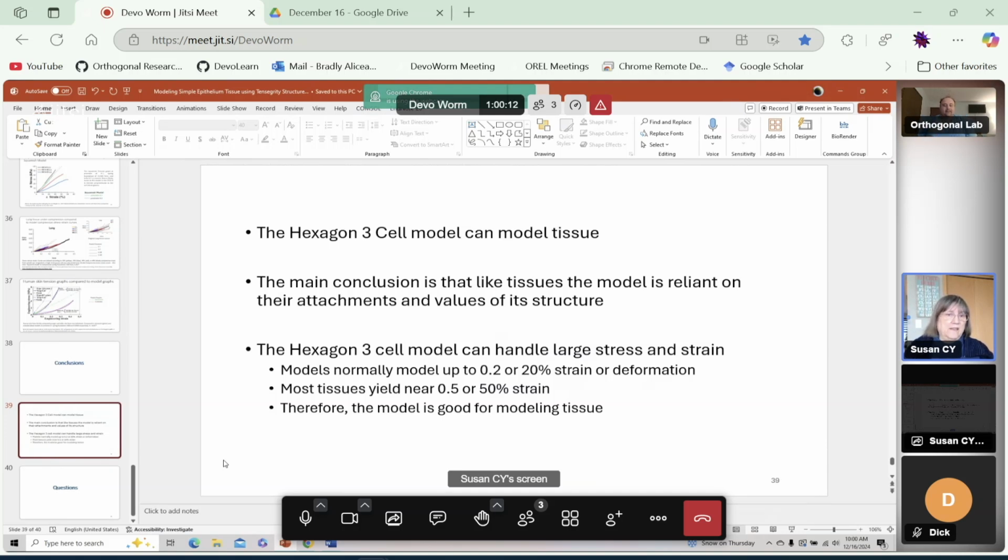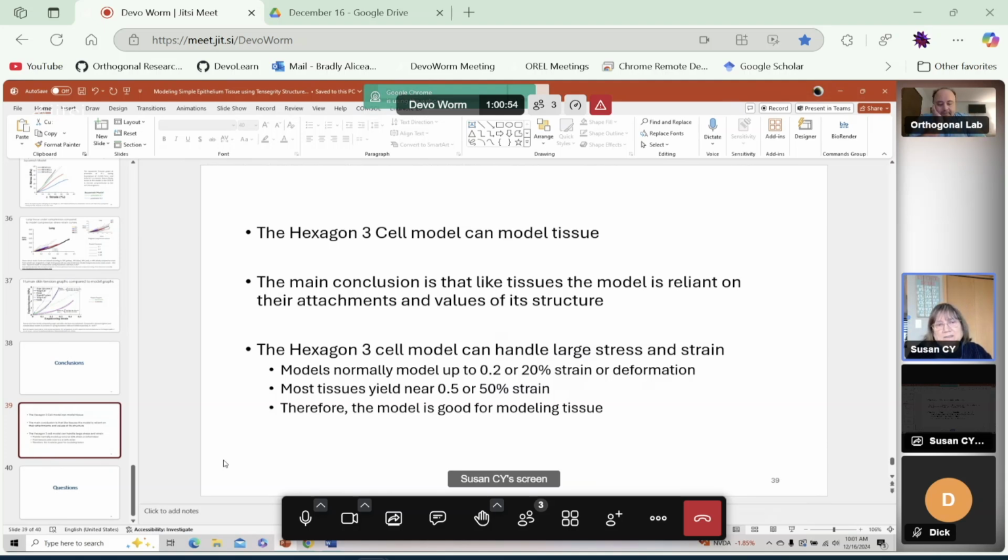The other models out there, like the Ogden model, can only handle up to about 20% strain or deformation before it fails, and most tissues yield between 50% and 60%. So this is a better model for handling tissue. Tissues can survive much more strain than, say, iron or steel, although there are some steels that apparently go up to 500%.